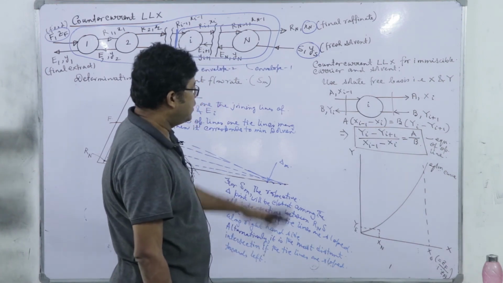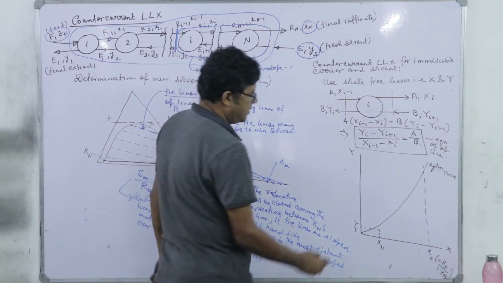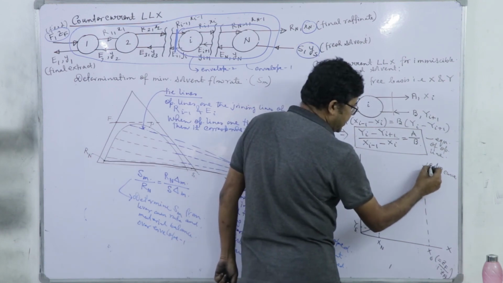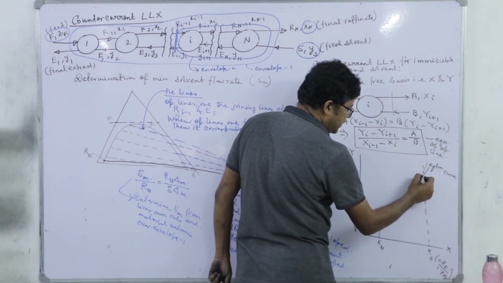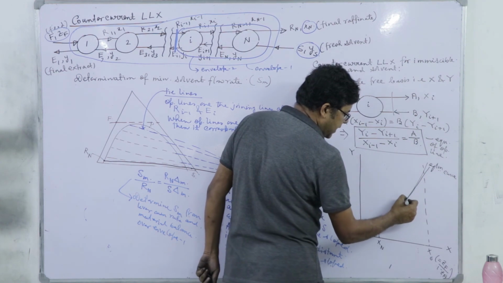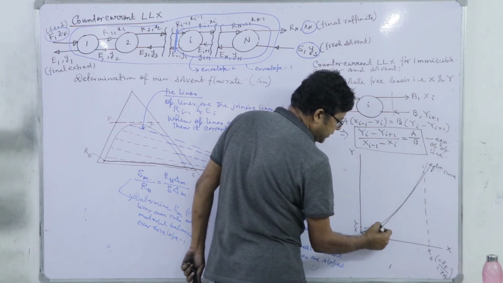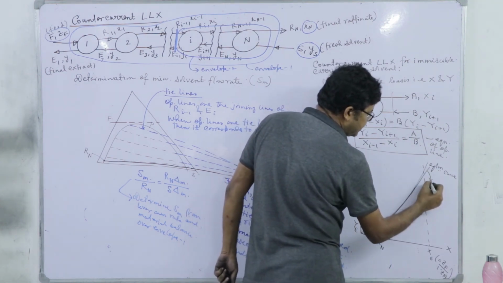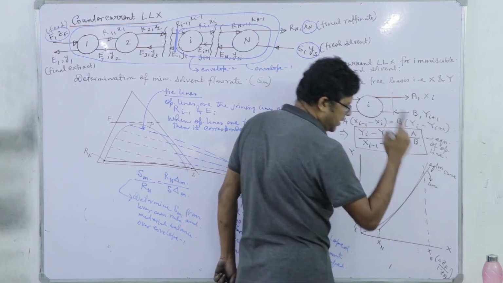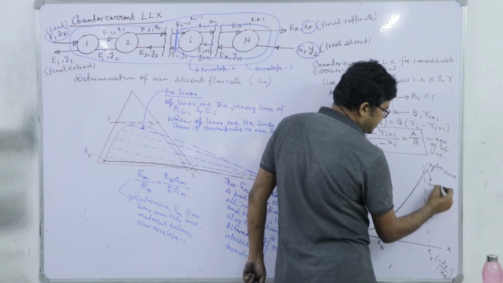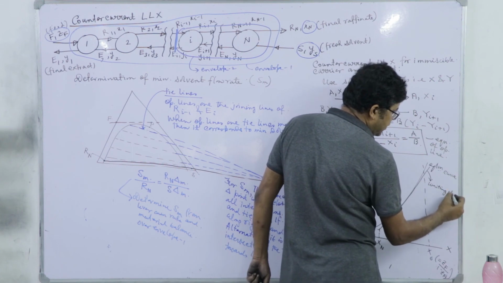Okay? Now, the slope must be A by B, and for the minimum solvent flow rate, the operating and equilibrium line must touch each other.